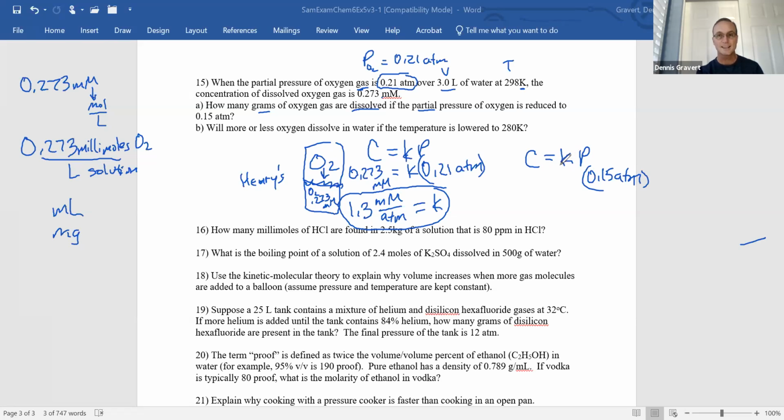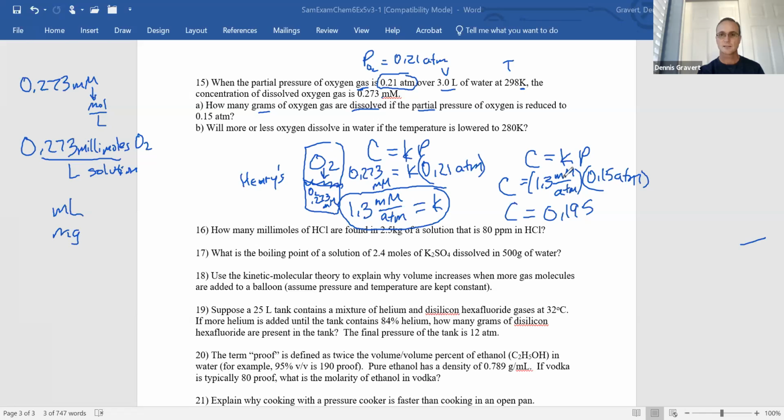And K is a constant, and constants, by definition, don't change. So the constant here is 1.3 millimolar per atmosphere, and that equals C. So you multiply these two together, 1.3 times 0.15, the C is equal to 0.195.